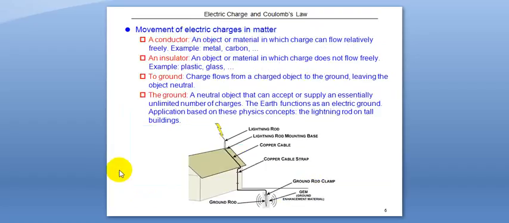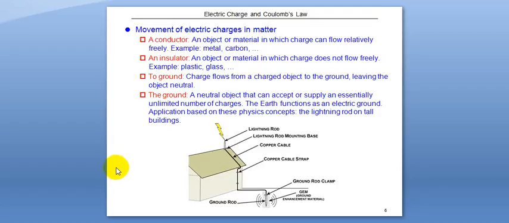In the next slide, as you see in the example in the previous slide, there is a charge in matter in 4 ways. First of all, you can see a conductor, an insulator, to ground and the ground.